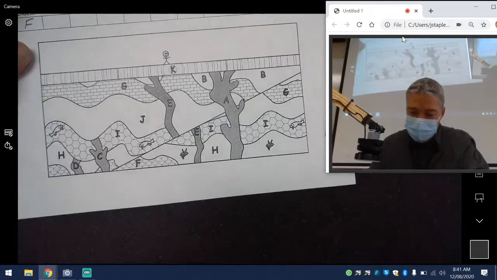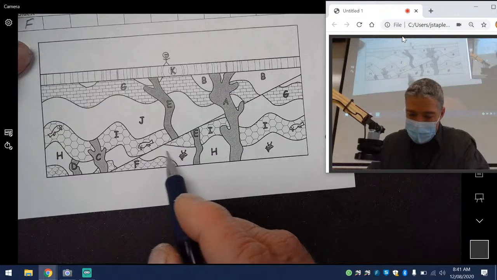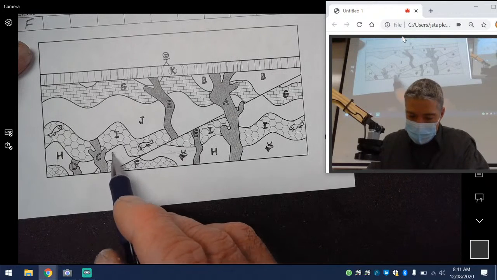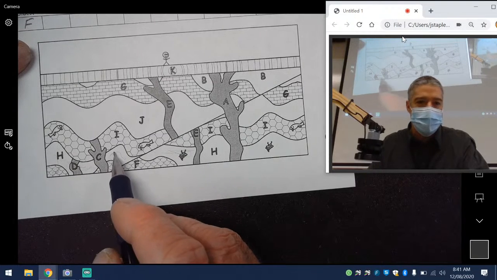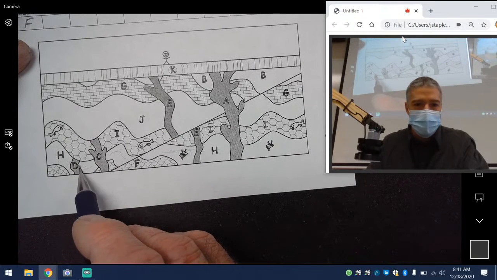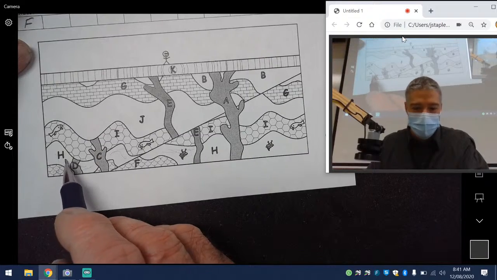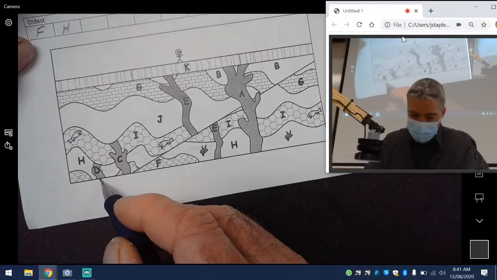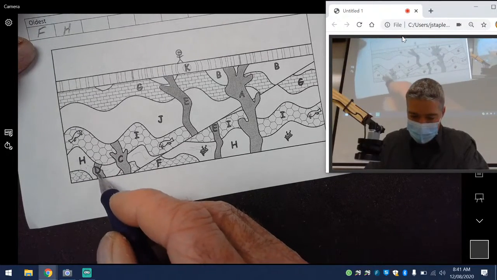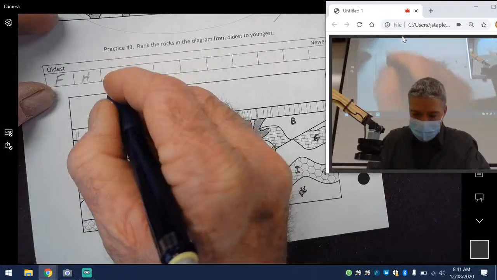That's the oldest. And then after F, I've got H. I'm going to follow H over here, and then there's D. So H and D are kind of about the same age, but D cuts through H, so H had to be there first. So H was there, then D came burning along, melting its way through here.